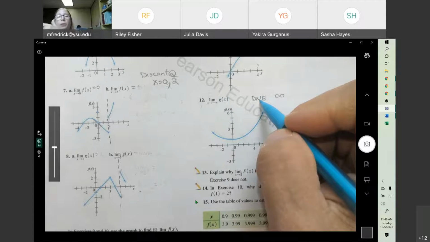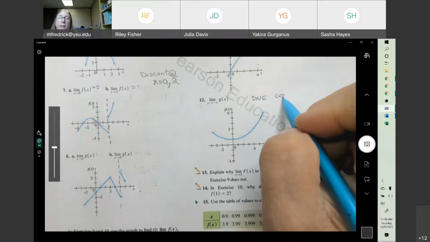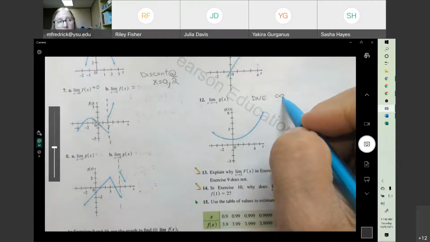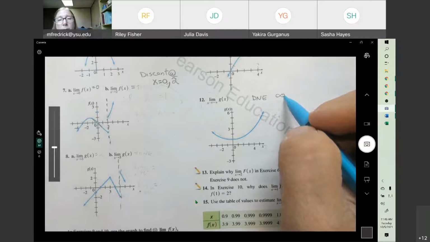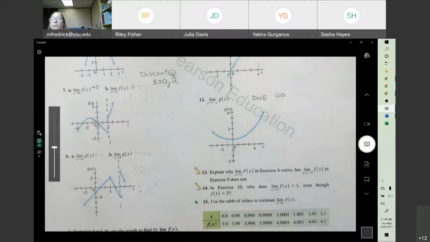There's no bound on it because the number's getting positively large. So it will ask for both. It will say if the limit doesn't exist, is it approaching positive or negative infinity? That is how it would be written on a test. And that's probably how MyLab has it written too.